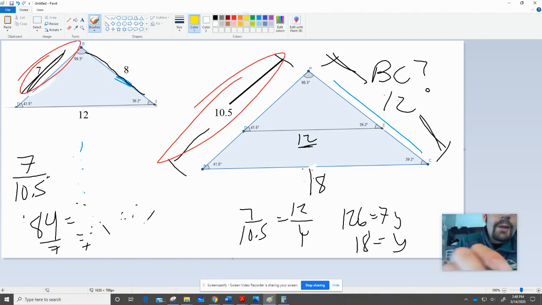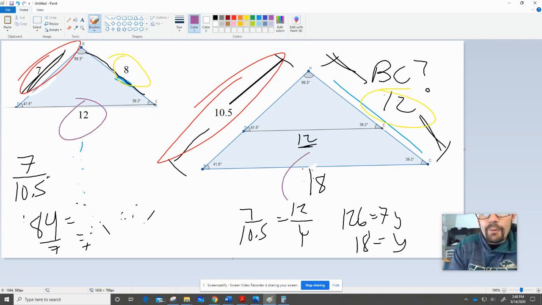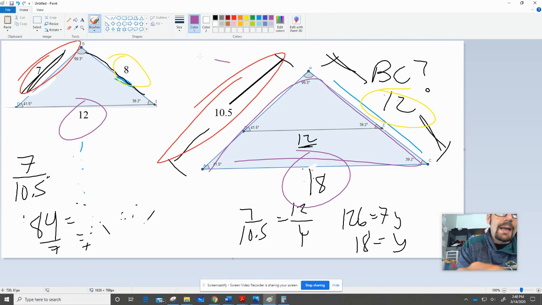And the 8 is 2/3 of that 12. And that 12 is 2/3 of that 18. It's going to be the same proportion. It's dilated by the same amount. So if we have a bigger one and we're dilating it down, we're dilating it by a scale factor of 2/3.